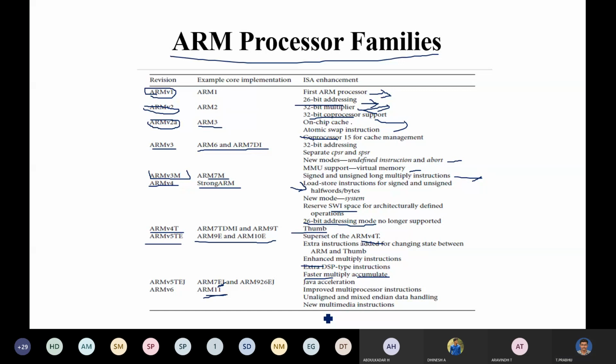So the family attribution is an attribute which compares these ARM cores. The position is different for each ARM core.